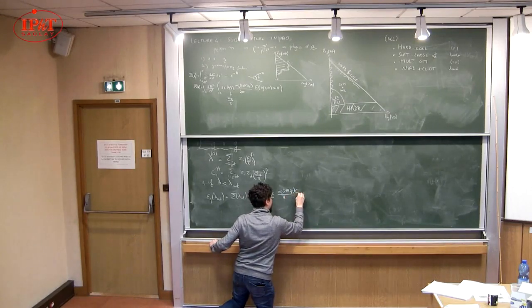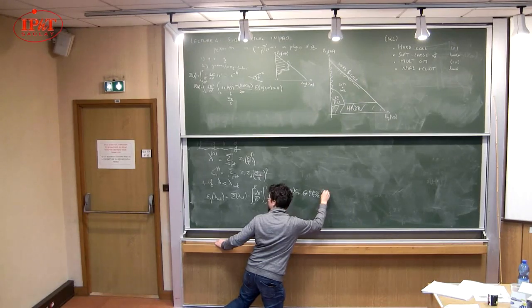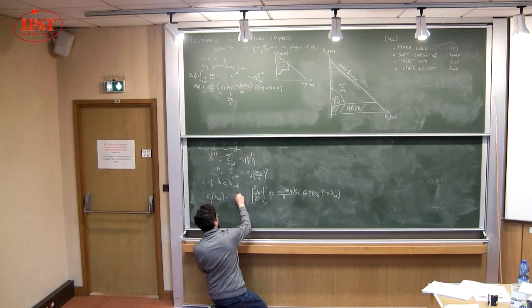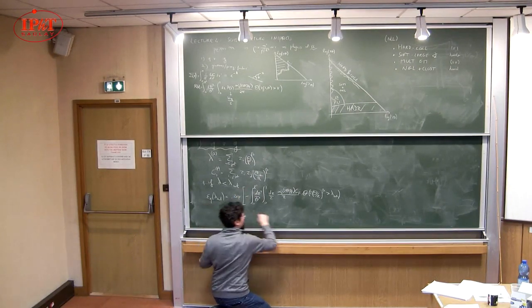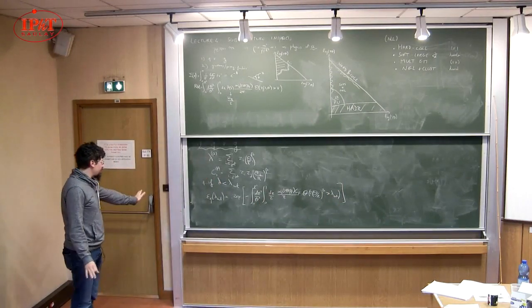I need a factor of C for quarks, so CF in this case, times theta of z theta over r to some value beta bigger than lambda cut. And so that's the exponential of this. Sorry, I'm missing the exponential, so let me drop the lambda here. There we go.